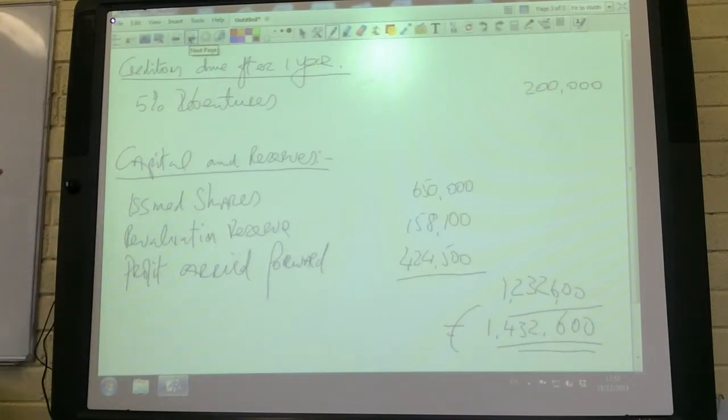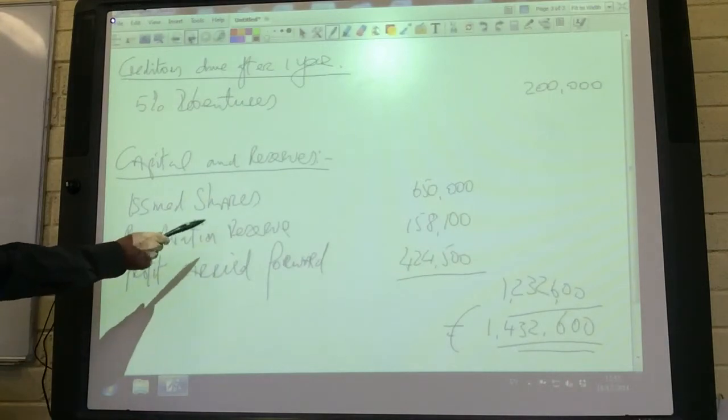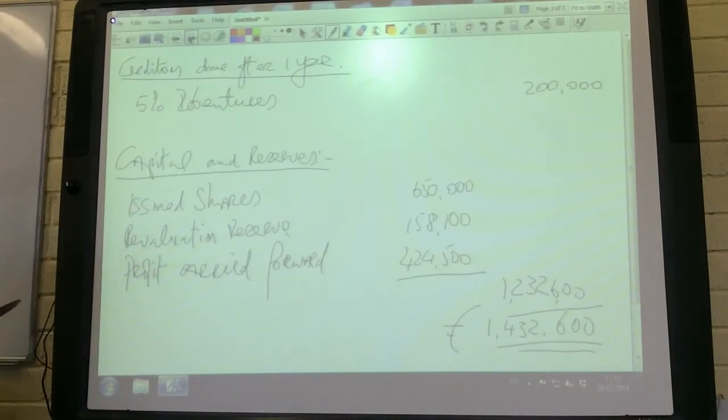There is no mention here of shareholders' funds, or there's no distinction between ordinary and preference shares. It's worth remembering though that the revaluation reserve is a capital reserve, and in recent marking schemes there is a requirement to put that on the capital side of your shareholders' funds.